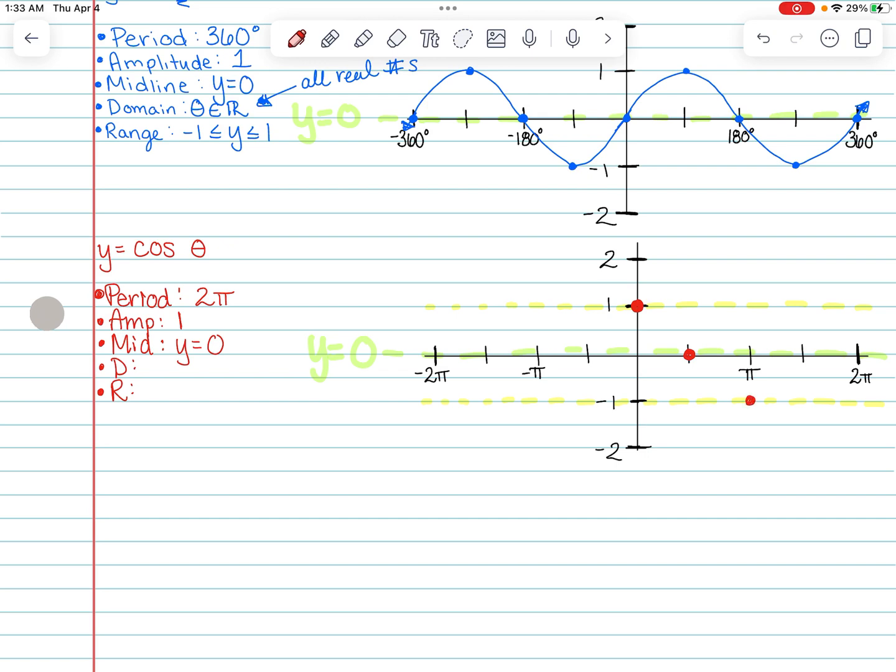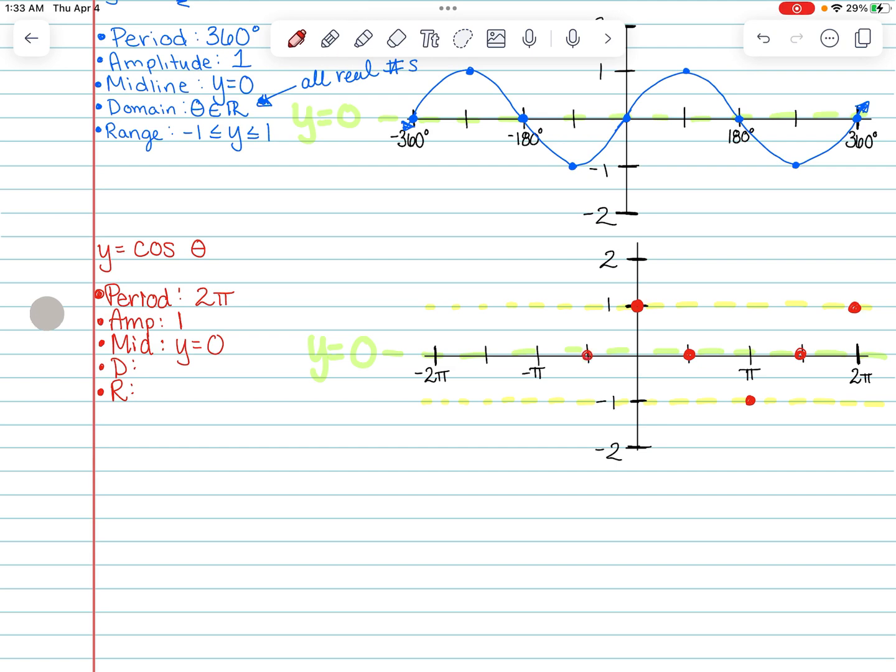And it's going to go down to 0, down to -1, up to 0, up to 1. The reason we break the period into 4 parts is those are always then going to break it up as maximums, minimums, and midline hits. If you break it up into 4 parts, you don't actually have to think about where those things are going as much.